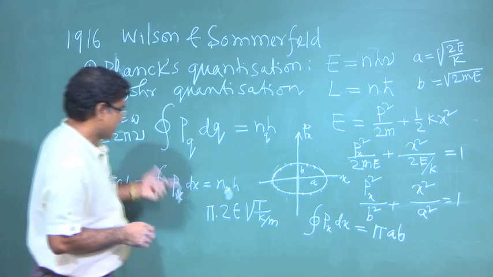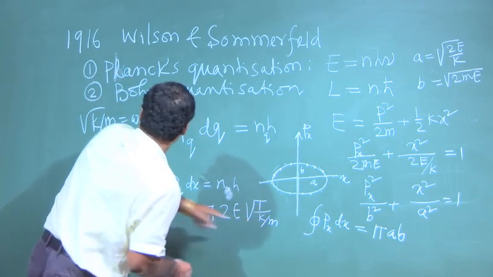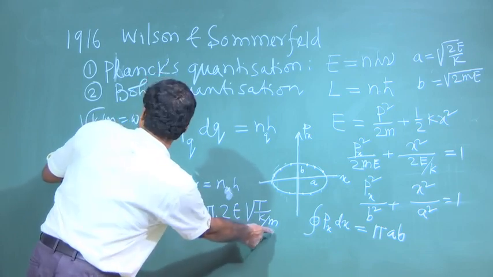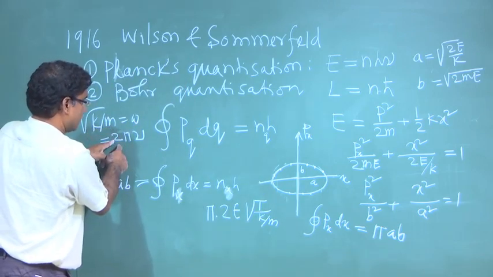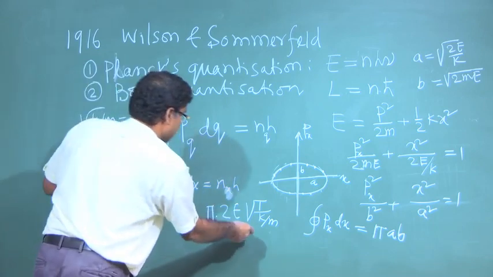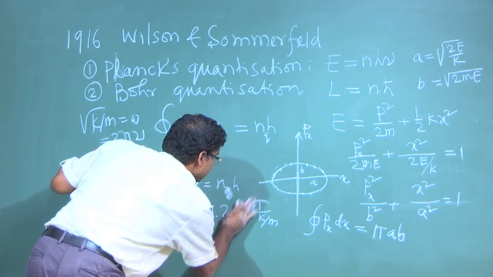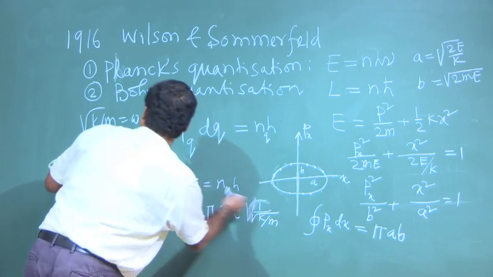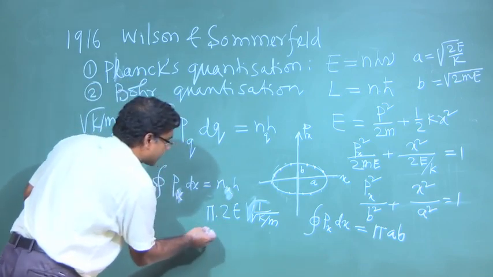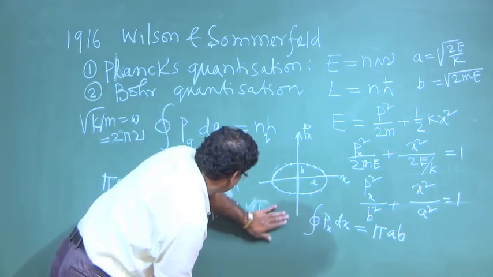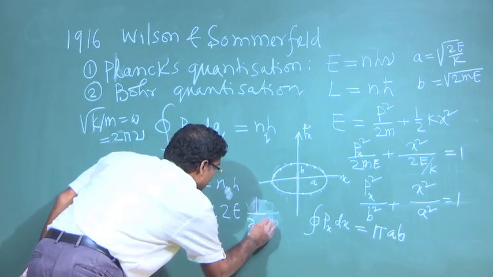So, I can write here 2E, this square root of k by m is omega, 2 pi nu. So, 1 by 2 pi nu.